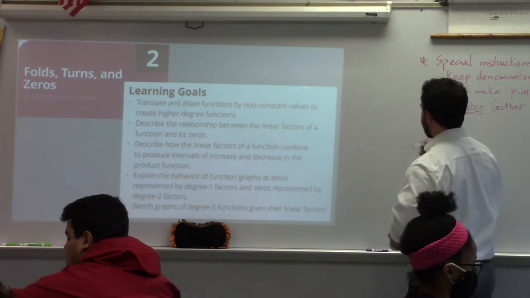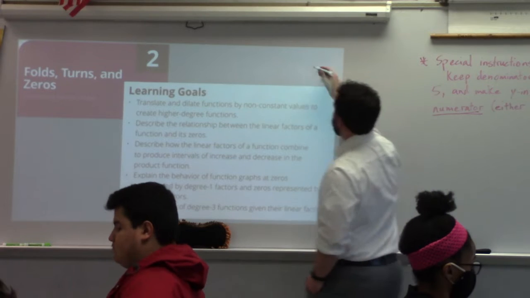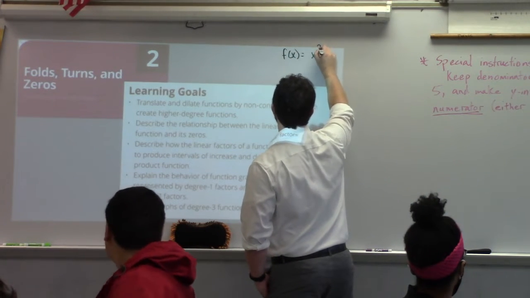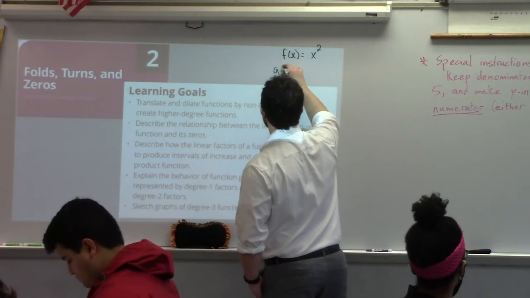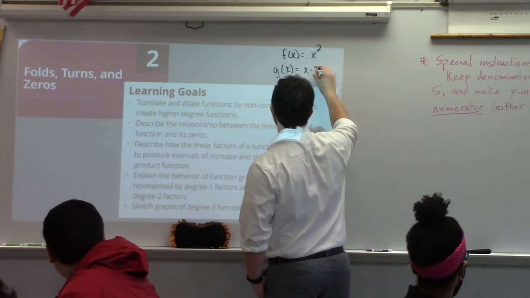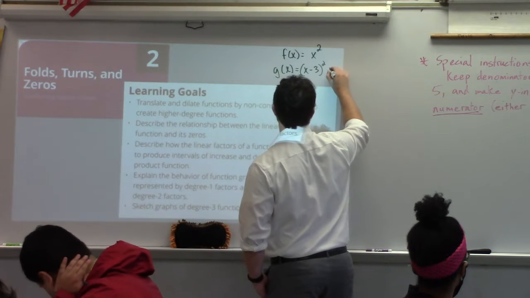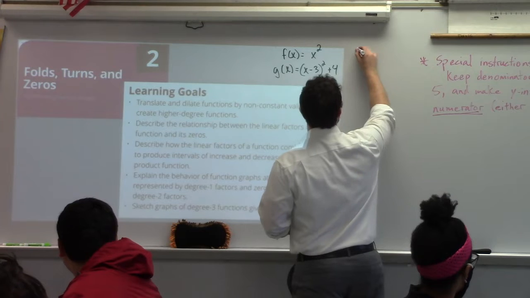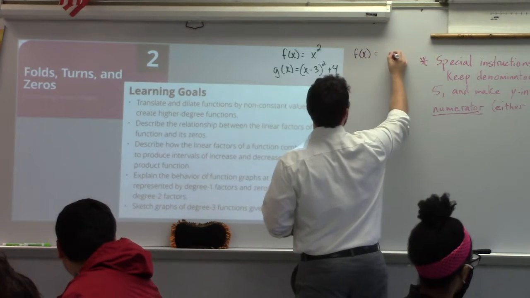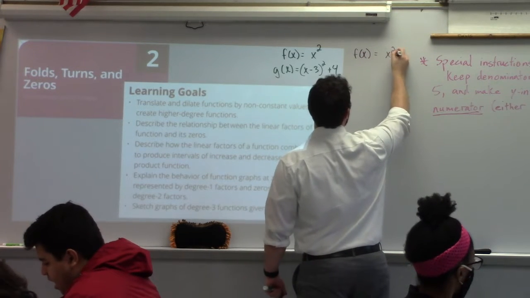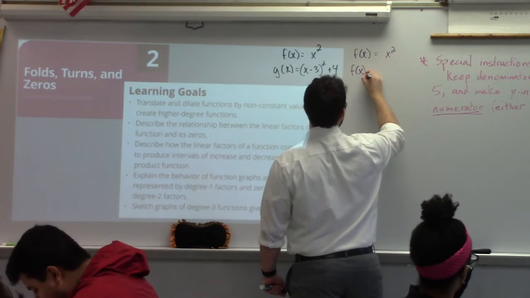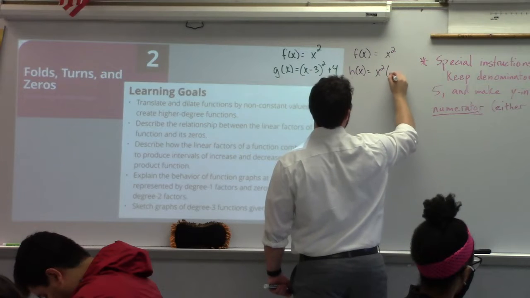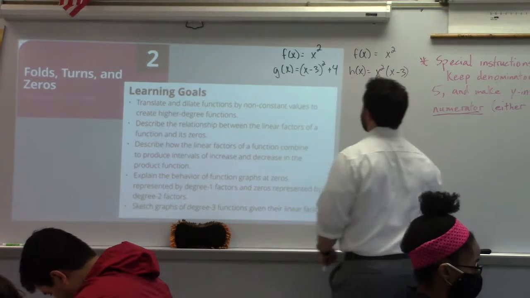So, if I have f of x equals x squared, and then I do g of x equals (x minus 3) squared plus 4, versus f of x equals x squared, and I do h of x equals x squared times (x minus 3).